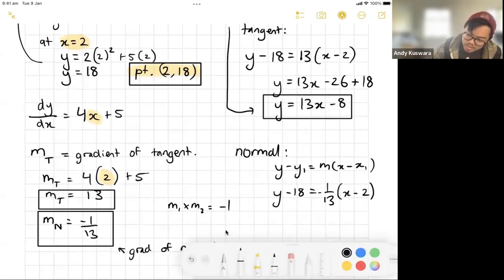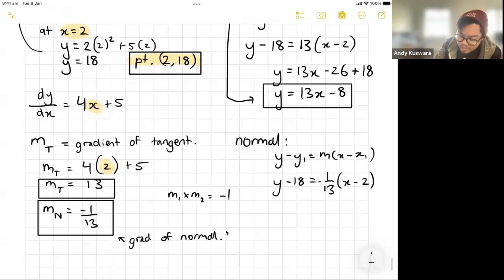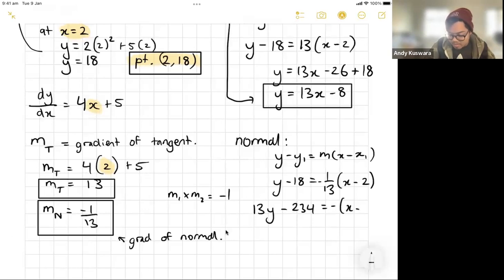And so from here, if I'm seeing that kind of gross fraction, my guess is it's going to be easier to leave it in general form. So I'm going to times everything through by 13. 13y take away, what is 18 times 13? Somebody help me out. 18 times 13. That's 234 equals, and I'm left with -1 times (x minus 2).